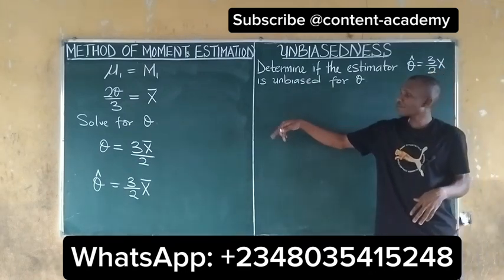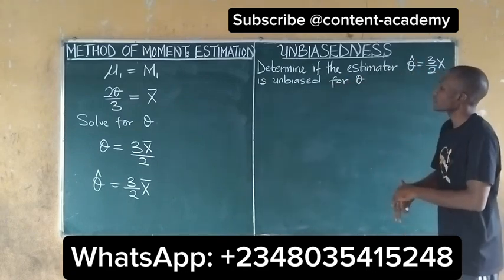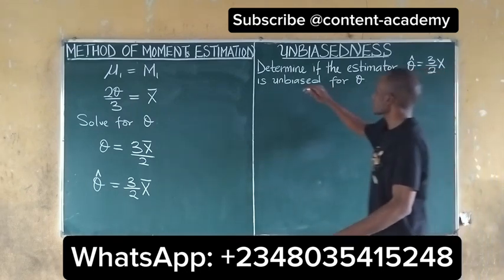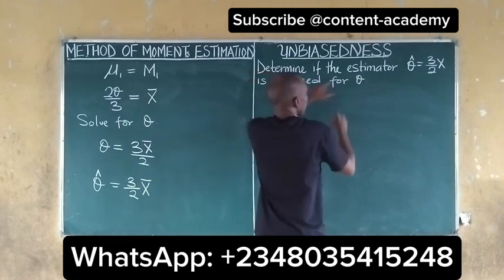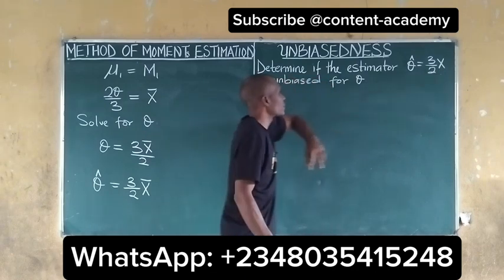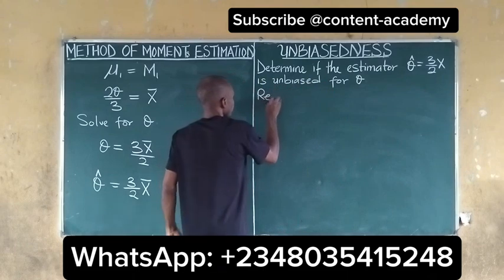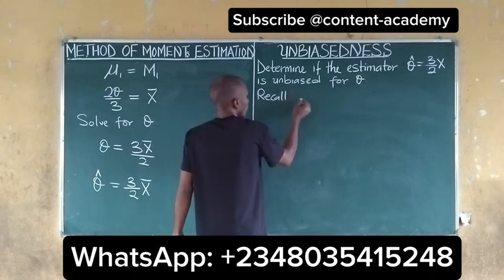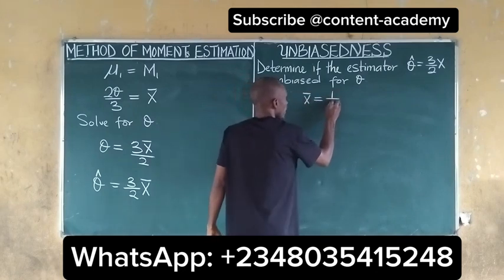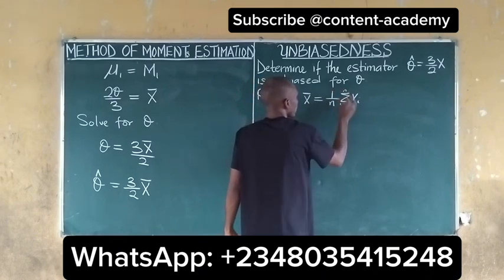From the given question for the method of moment, we can show if theta estimate is unbiased for theta. Yes, we can determine or show if theta estimate is unbiased for the given value, which is 2 over 3 x. So we should recall that x bar is equal to 1 all over n summation of xi as i running from 1 to n.